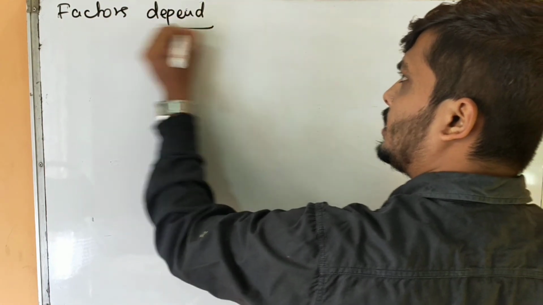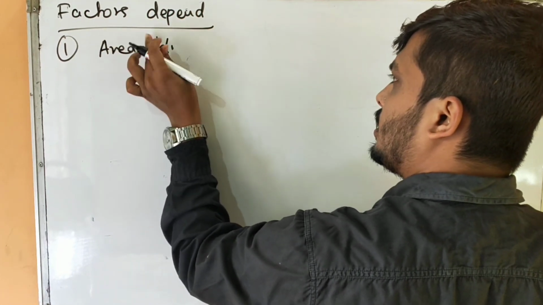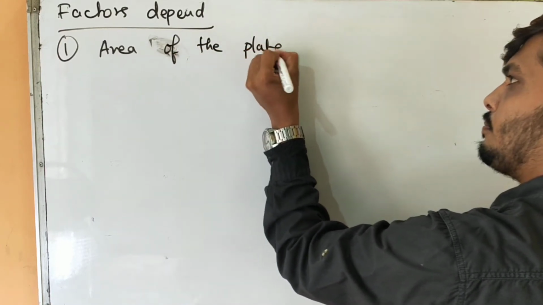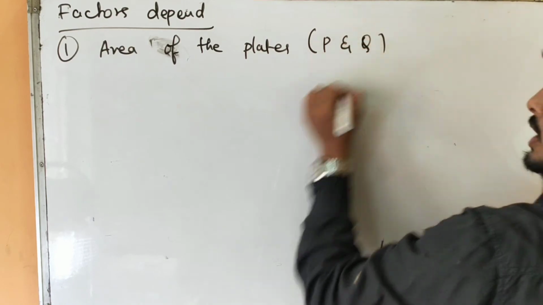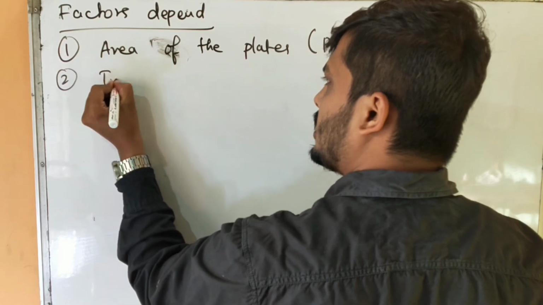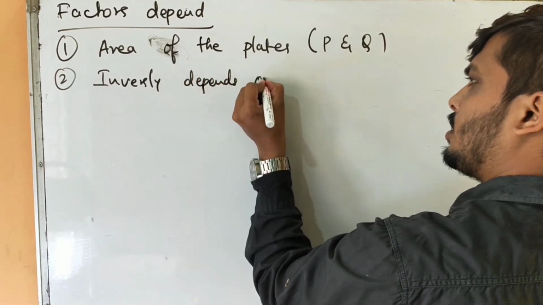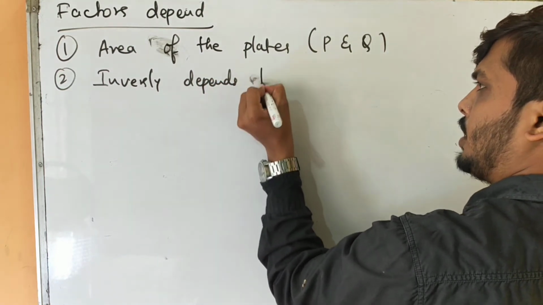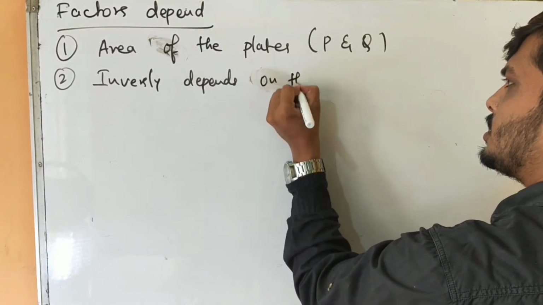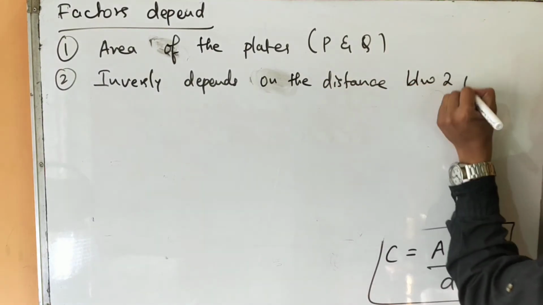First one is the area of the plates, the cross sectional area of plates P and Q. It directly depends upon the plate area. Then it inversely depends on the distance between the two plates.